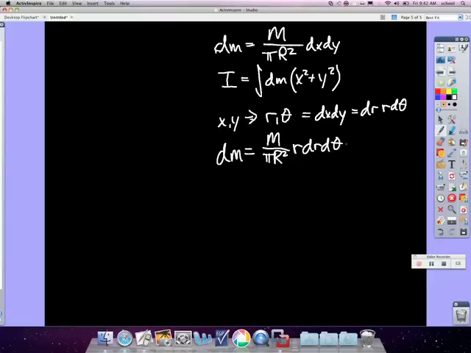And so then what I usually do is break these up. I'll pull all of the constants out front, so we have m over pi r squared.